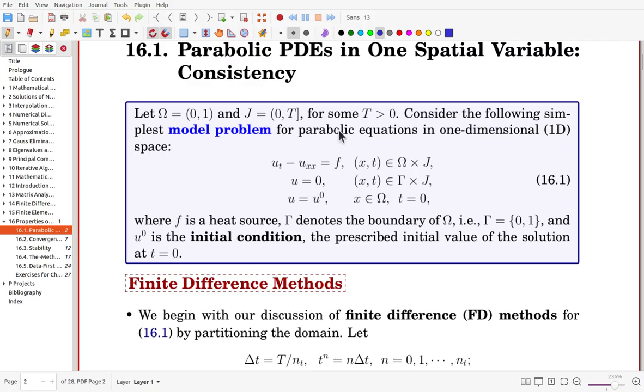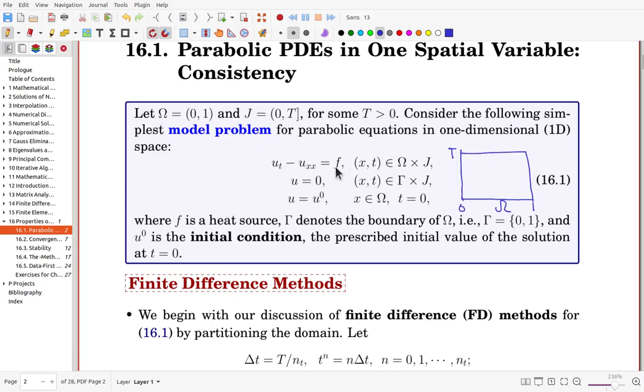Gamma is now the boundary of the domain, so it's 0 and 1. Now pictorially we can display the domain. This is the spatial direction from 0 to 1. We call it omega. And then from 0 to capital T in the time direction.